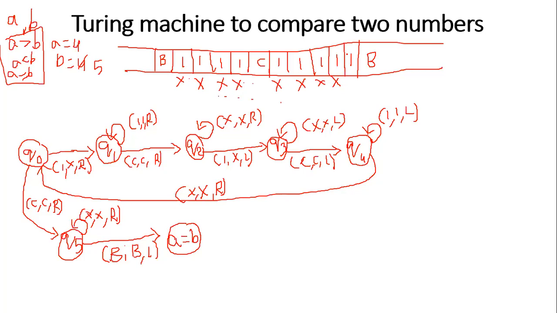How do we know that the second number is yet to complete? If the second number is bigger, the ones in the first part will be finished, and the ones in the second part will be remaining. How do we know that the second number is bigger?